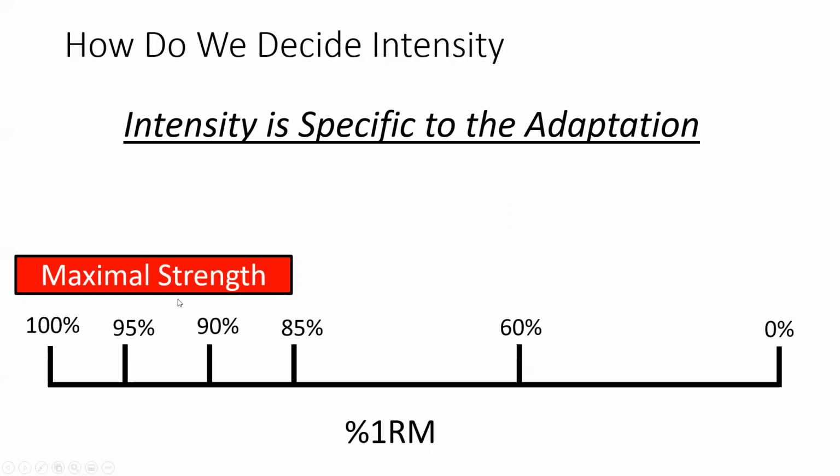And then, as you can see here, this maximal strength bar does go a little bit past that 100%. We can train above our 1 repetition maximum. We can do this through supramaximal eccentric training, where we load up more than your 100% maximum, for example on a back squat exercise, and you lower that resistance down for a 6 to 8 second period, and then you try to get it up and you have someone help you just enough so that you can re-rack the barbell.